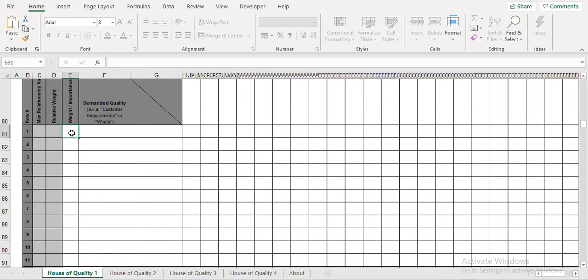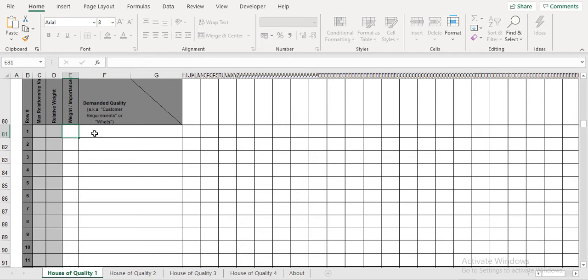You are supposed to select a value between 0 to 5 or 1 to 5, and it is better to select from 1 to 5 or 1 to 10. It should be decided before starting whether you are going to use 1 to 5 or 1 to 10. As I have more values, maybe more than 10, I think 10 will be the most appropriate weight to use. So I will be using a value between 1 and 10.